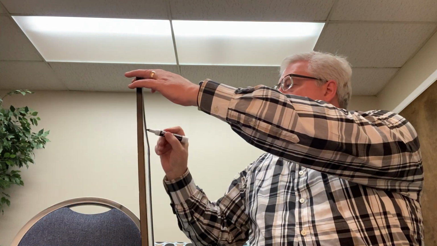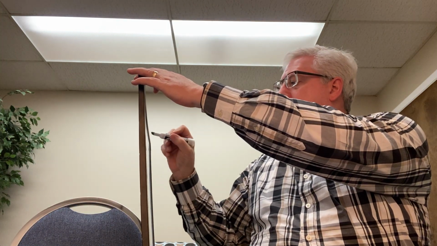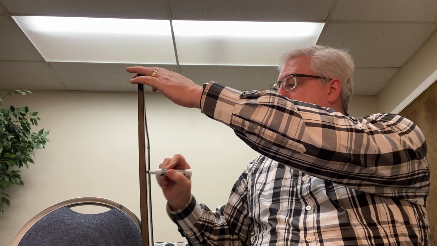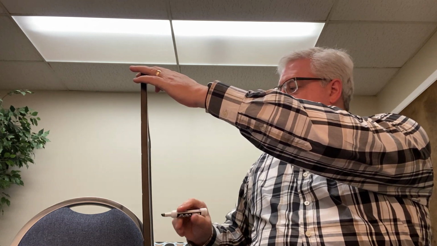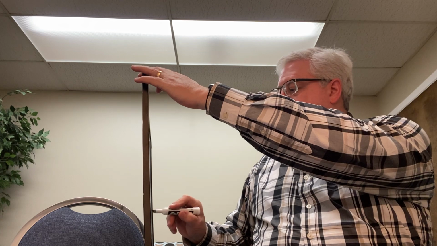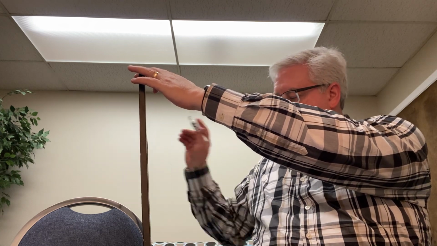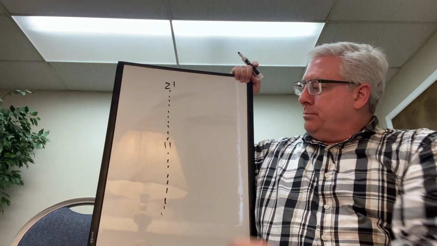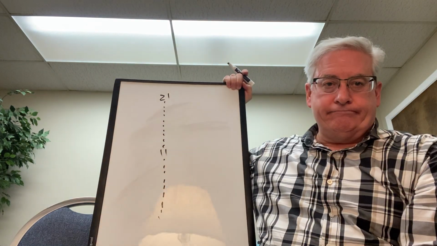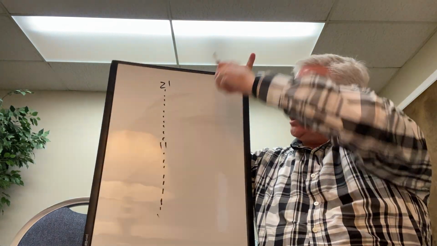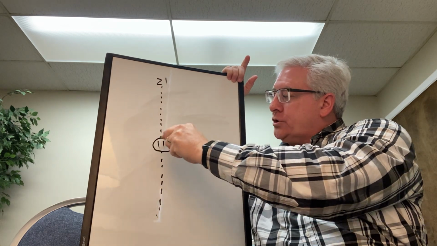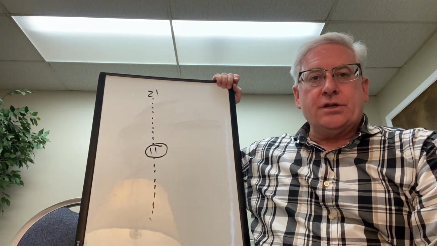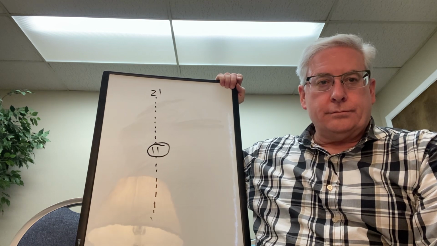Which subject's score will be the median? Well, if you have number 21 up here, then you'd have number 11 right in the middle, and you'd have 10 below 11 and 10 above 11. Your median score would be whatever score the person got that's number 11 in rank order.